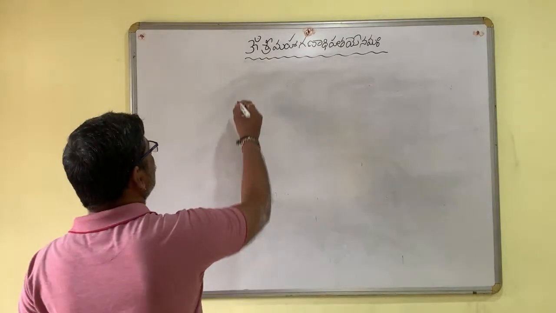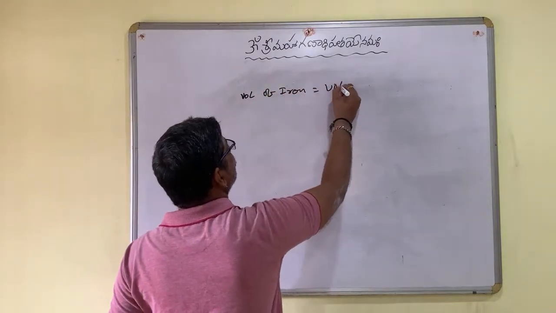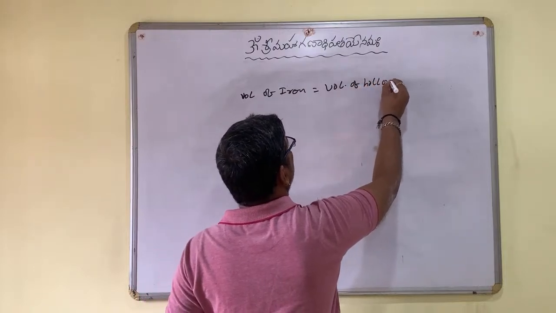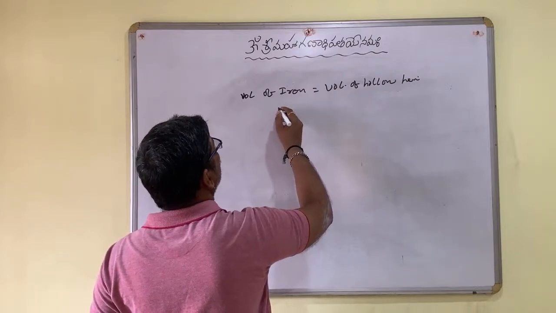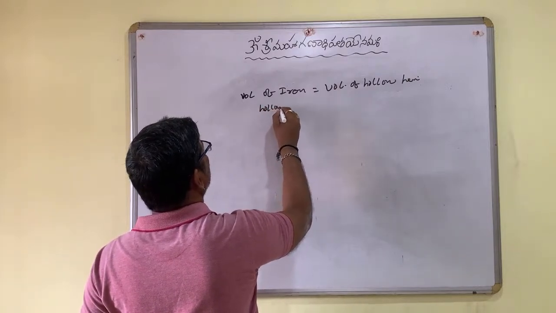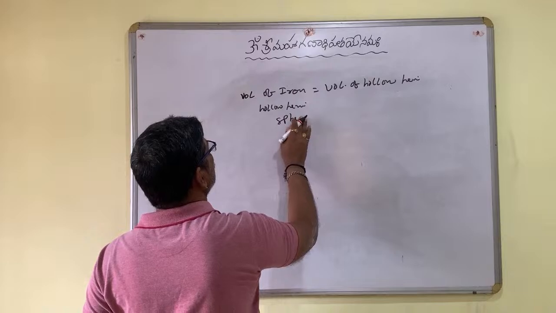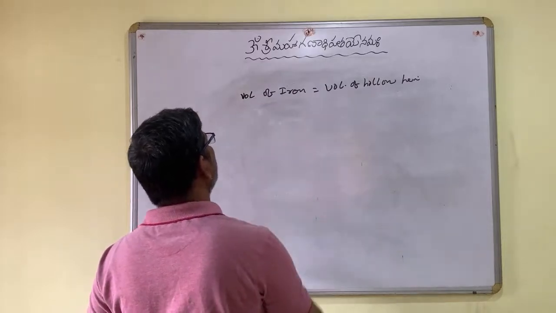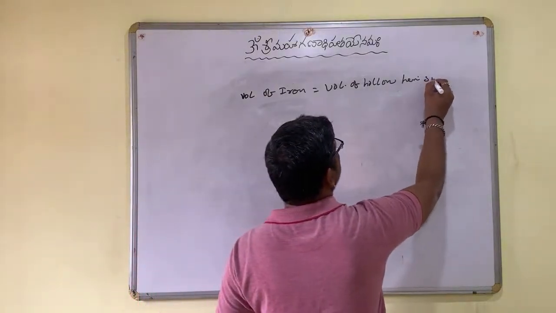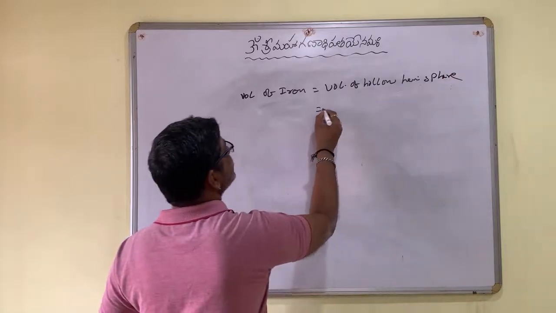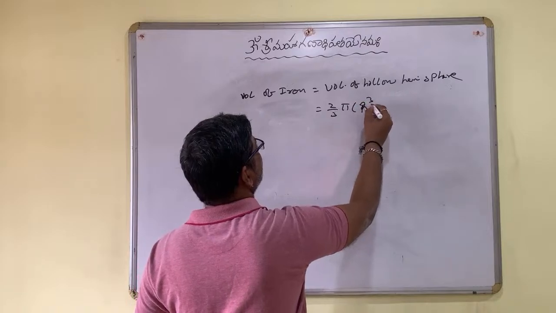Children, volume of iron used to make the hemisphere is nothing but the volume of the hollow hemisphere, which is 2 by 3 pi capital R cube minus small r cube.